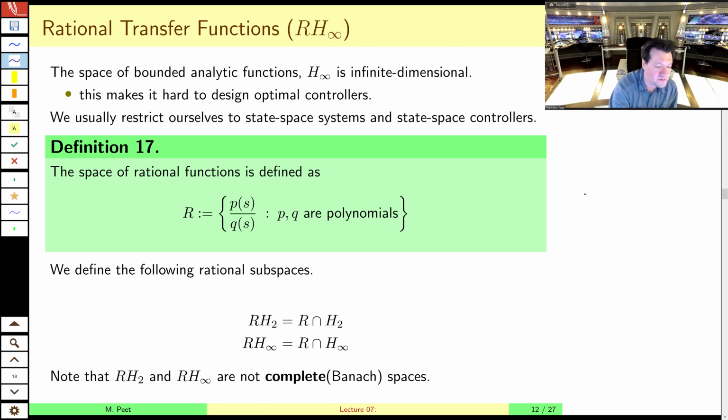So we talked about the space of transfer functions, which lies in H infinity, and we showed that the signal norm on those transfer functions can be used directly, which is a representation, to infer properties of the system itself.